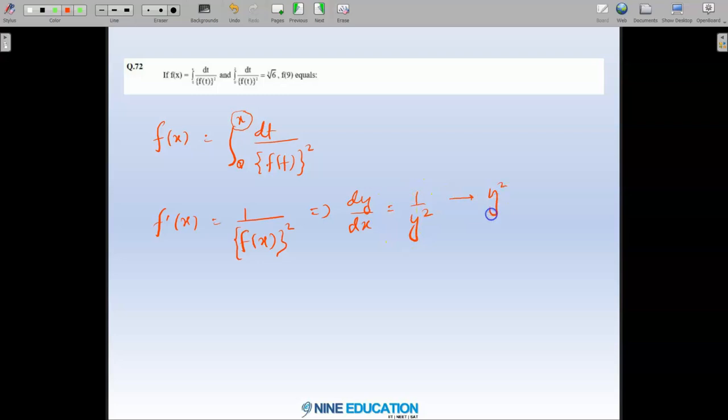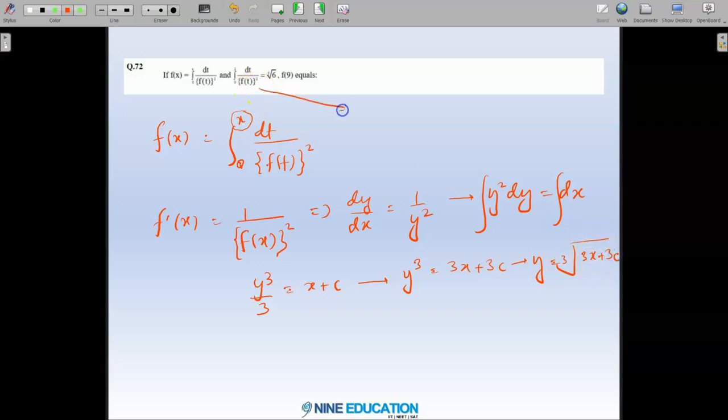So I can write this as y square dy is equal to dx. If I integrate both sides, I will get y cube by 3 is equal to x plus c, or I can write y cube as 3x plus 3c, which gives us y is equal to the cube root of 3x plus 3c.